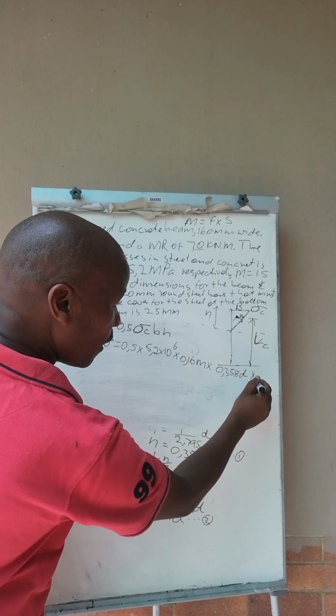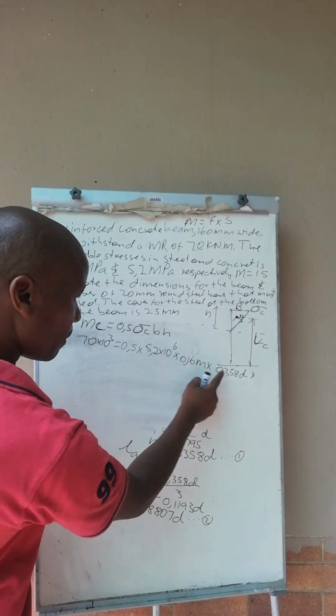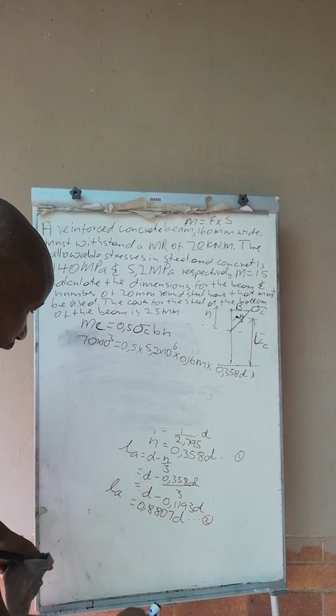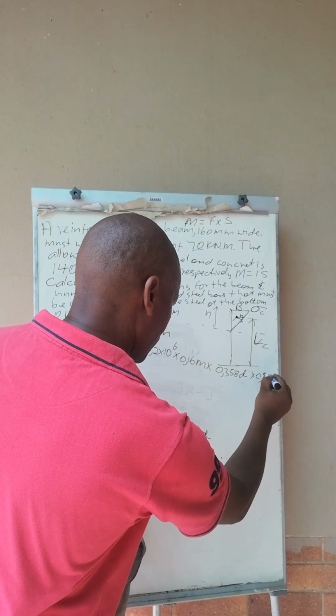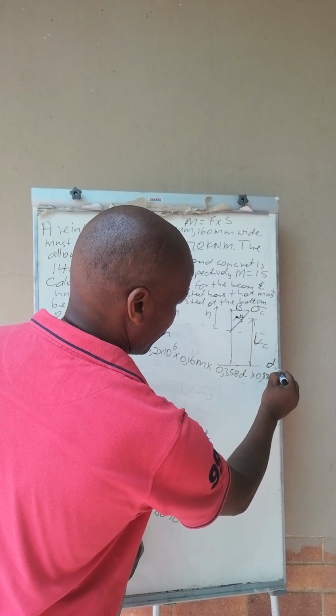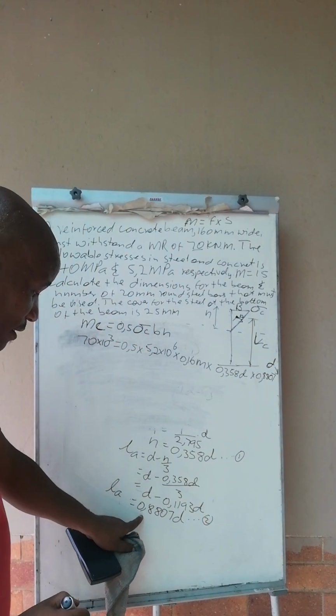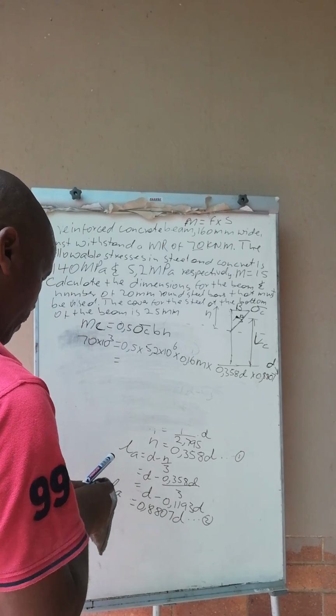Meaning here we have to put LA, force by distance. What is the distance? It is 0.8807 d, and it's equal to what? Let's check.